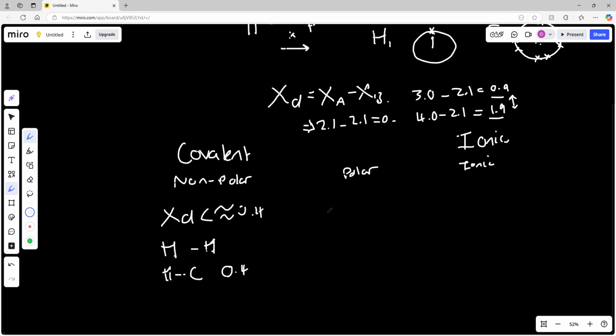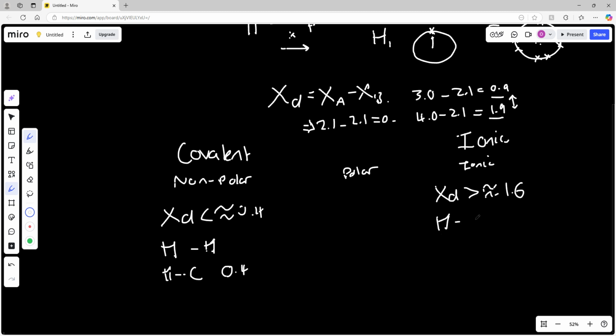Okay, polar is basically between. In fact, let's do ionic first. So ionic is if the electronegativity difference is greater than approximately 1.6, which means that hydrogen fluoride is ionic, because it's 1.9.